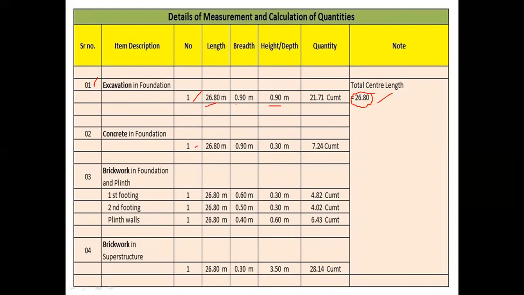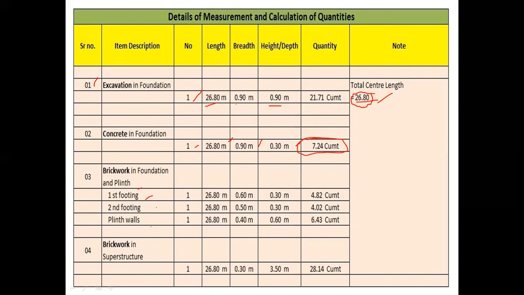Number of walls 1, length is 26.8, breadth is 0.9 and height is 0.30. Then multiply length, breadth and height, that equals 7.24 cubic meters.